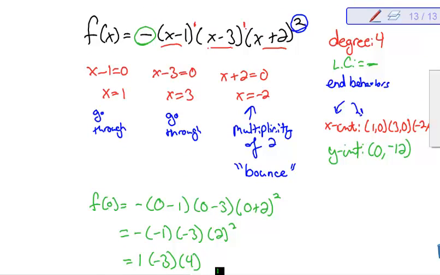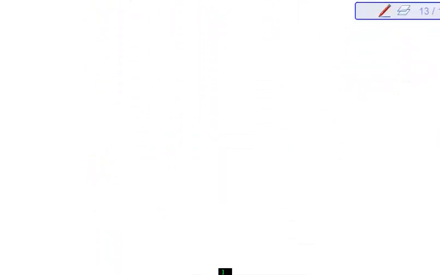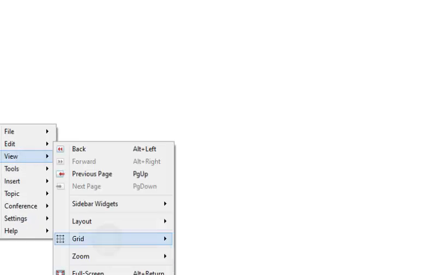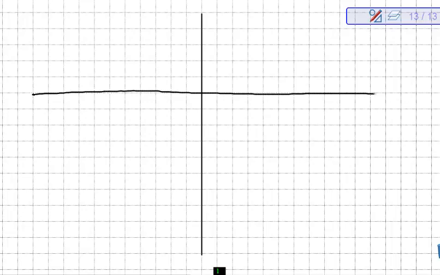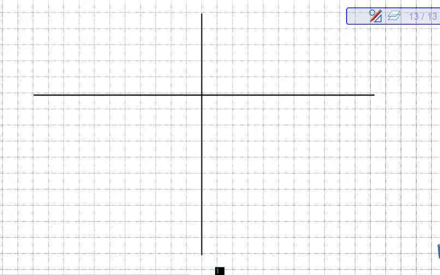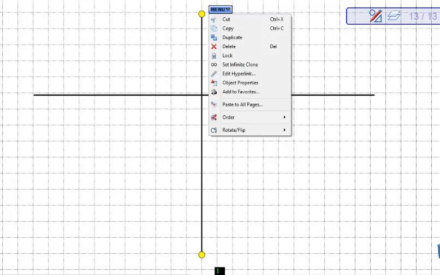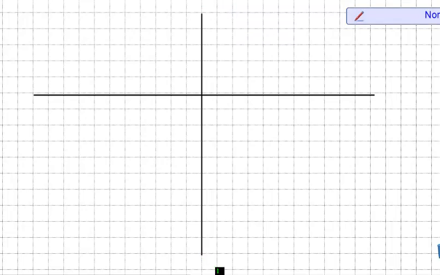So let's see if we can graph it. Okay, so we're going to count by twos because my page is not large enough.